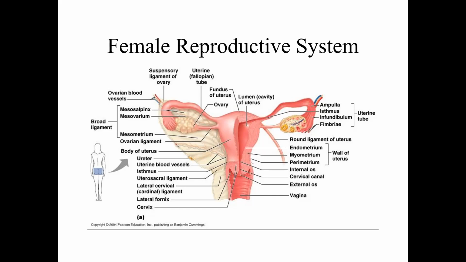In fact, bleeding out from an ectopic pregnancy is the number one cause of death in the 1st trimester of pregnancy. So it has to be treated immediately, because otherwise your patient and the baby are going to die. Now, there are some cases where an ectopic pregnancy can come to term.